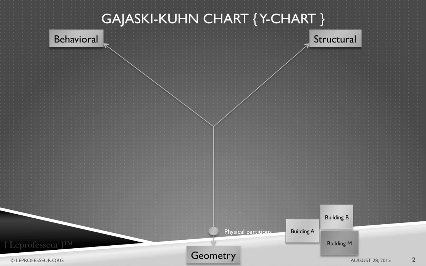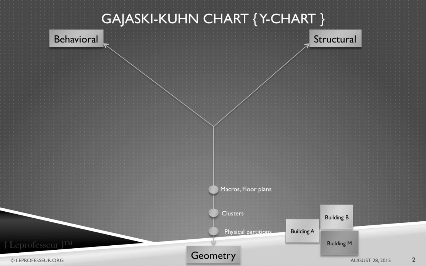Now let's level up. Within one building, how many units will you have, what portion of the building will have shopping units, and what portion will have residential units. So you make clusters within one building.